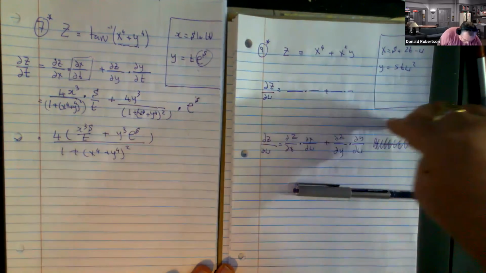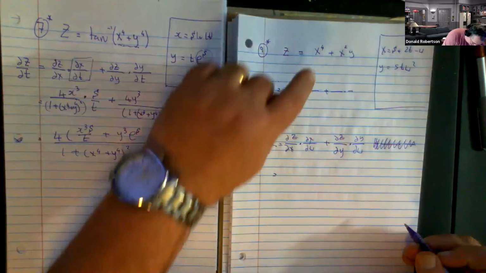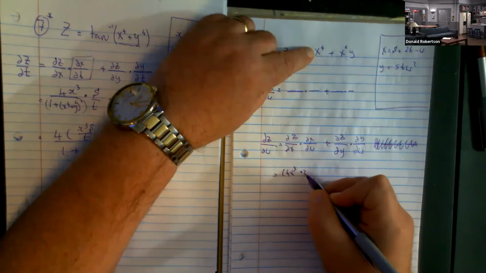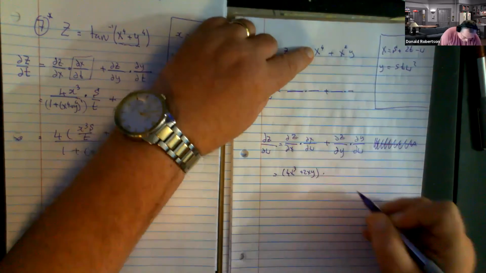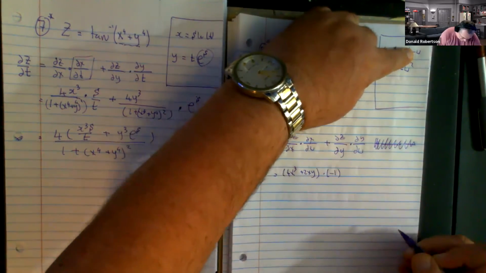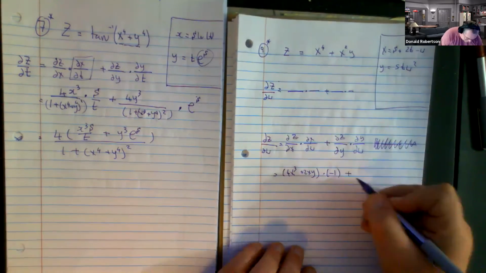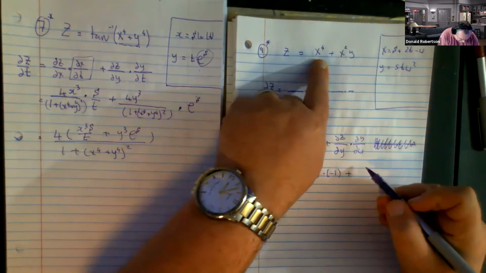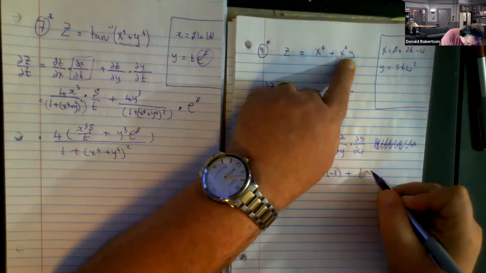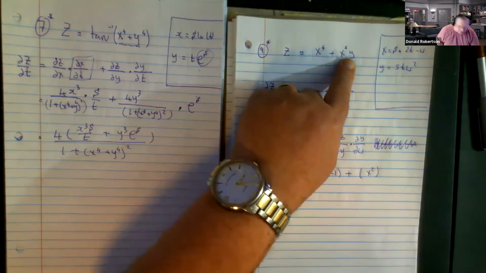Not the worst looking thing to differentiate. With respect to x, you're going to get 4x cubed plus 2xy. And then you differentiate this guy with respect to u, which actually just gets you -1. And then you go back to the original z and you now differentiate it with respect to y. And you get x squared.